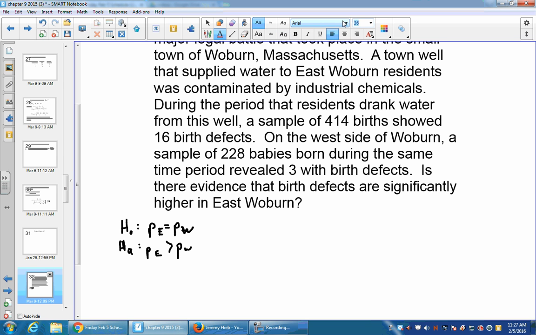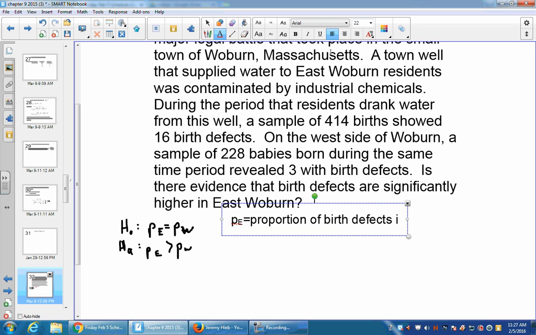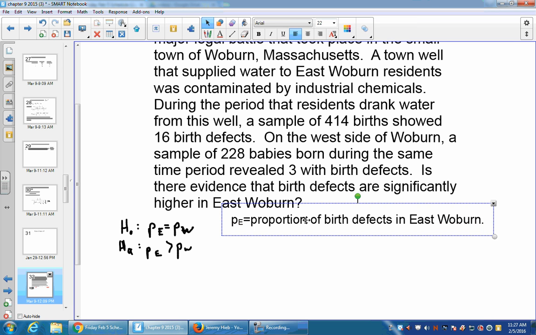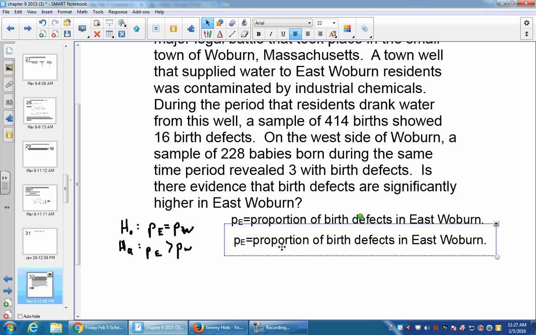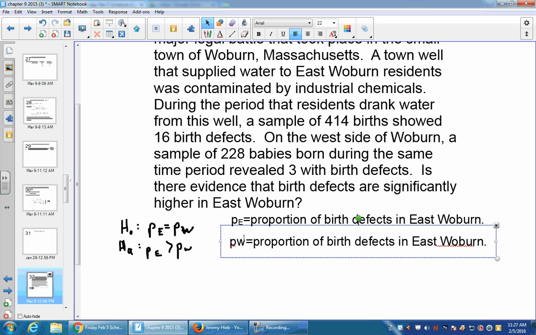So I'm going to write this out. P subscript E means that it's the proportion of birth defects in East Woburn, whereas PW, all we have to do is take out the E, turn that to a W, subscript it, and then we say that we're dealing with West Woburn.